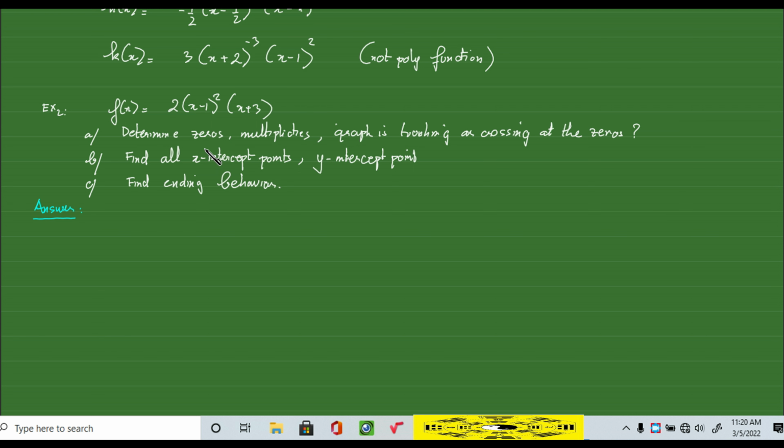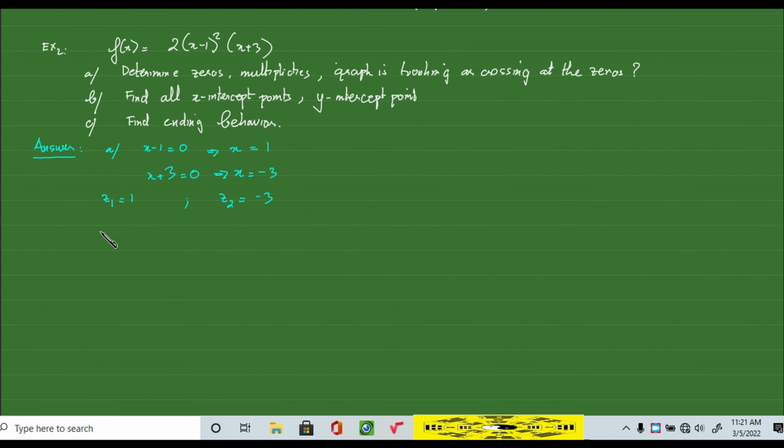So determine the 0. In order to determine all the 0s, you're going to set each factor equal to 0 and solve for x. Because we have only 2 factors, we can solve for the 0s. The 0s here are z1 equals 1 and z2 equals -3, and z1 corresponds to m1.